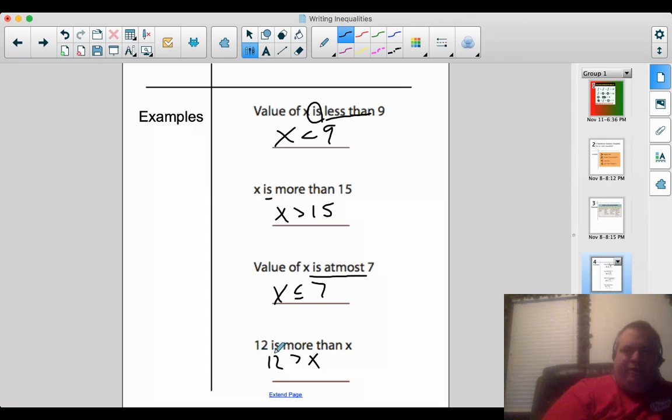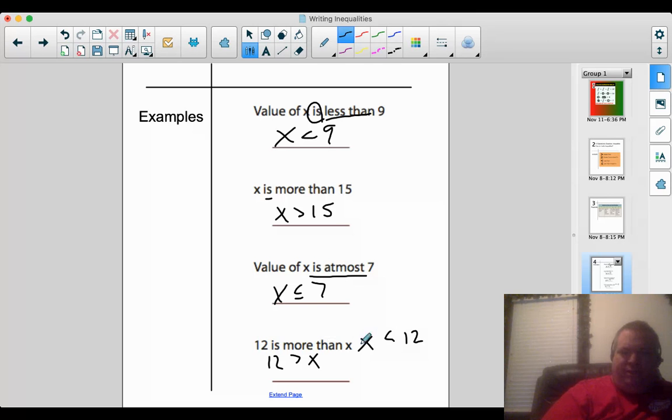Okay. So if 12 is more than x, do you see how the alligator is eating the 12? I want to rewrite it so that the x comes first, but the inequality is still going to be choosing the same number. So the inequality is facing the 12. We want to do it that way. So the inequality ends up flipping around when we switch order.